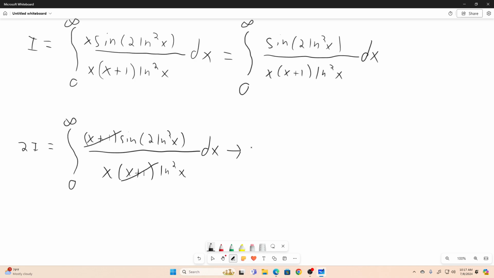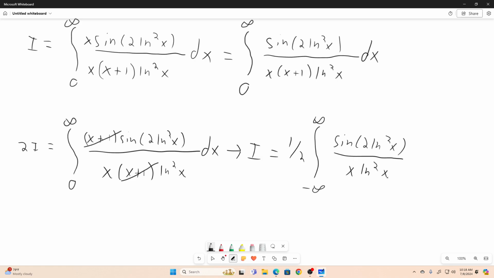All right, so this implies that I is equal to 1/2 of the integral from negative infinity to infinity of sine of 2 natural log squared x over x natural log squared x dx.